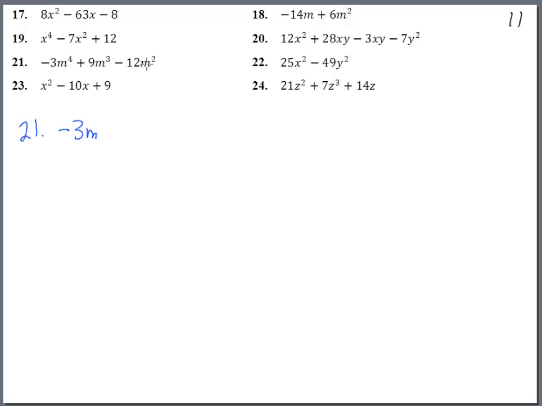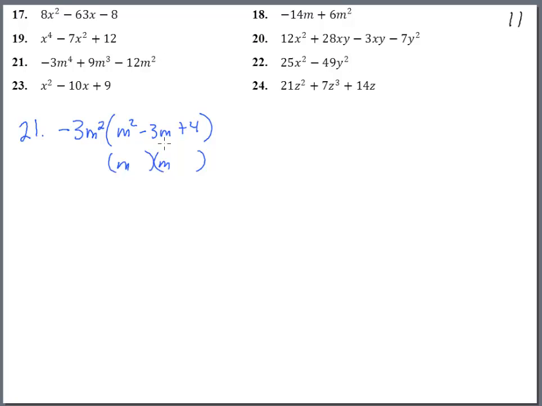It looks like I could pull out a 3m squared as in everything. So that leaves us with m squared minus 3m plus 4. Now what's left is a trinomial with leading coefficient 1, which means it's going to break down into one of those fast ones. What times to a positive 4 and adds to negative 3?